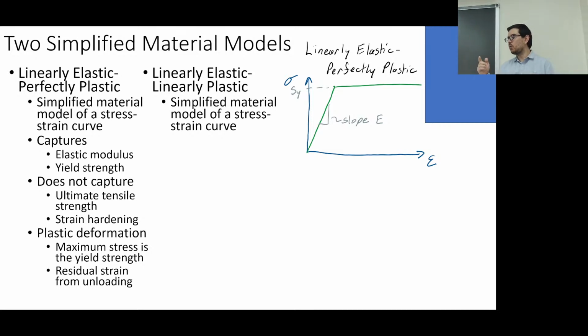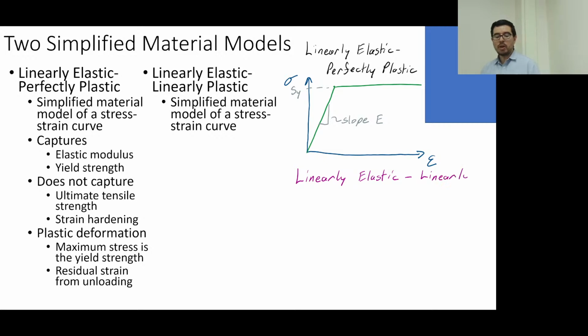Here, we're able to parameterize a linearly elastic, perfectly plastic model with just two parameters, elastic modulus and the yield strength, and maybe the strain at the break. In linearly elastic, linearly plastic, you have a couple more parameters, but you don't need the 1,000 data points.